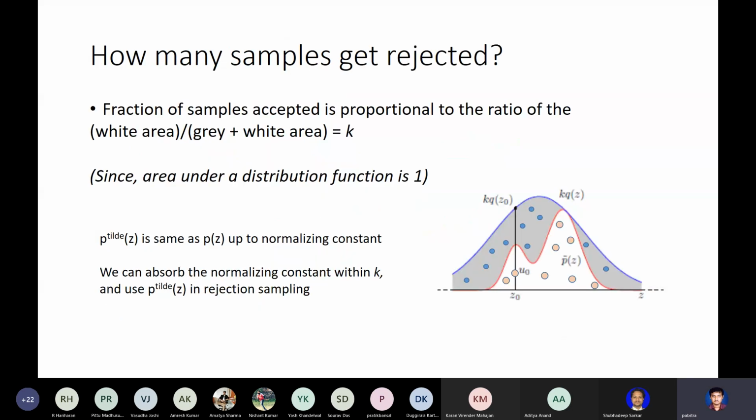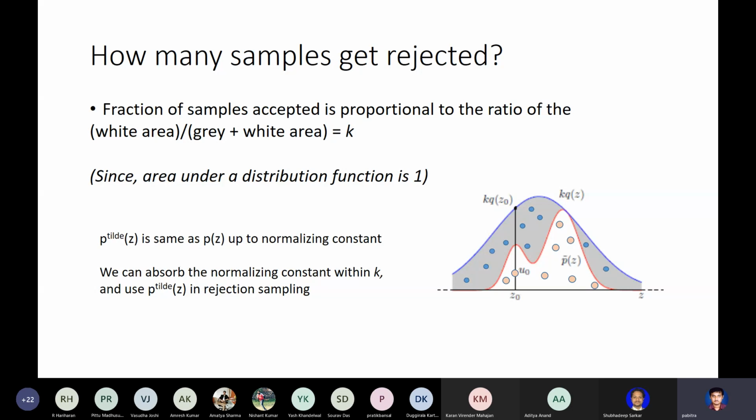Now let us ask the question of how many samples are getting rejected, or rather, how many samples are getting accepted.